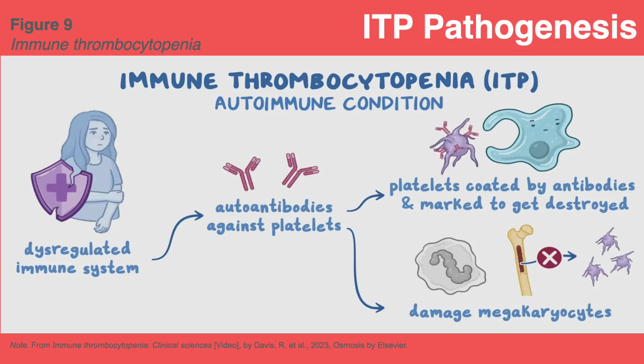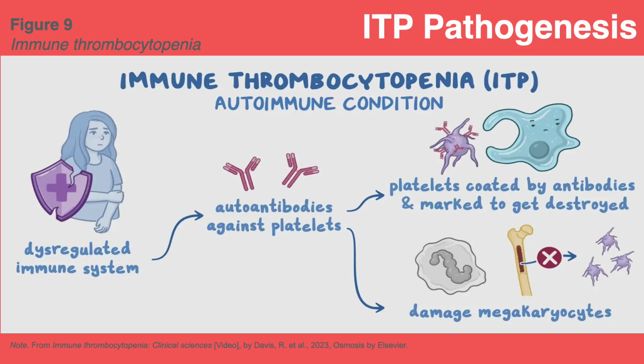But it looks like it's antiplatelets forming antibodies against glycoproteins, and that can cause some phagocytosis in the spleen and just a lot of overall damage. Plasma levels are typically unaffected, and it's that isolated thrombocytopenia.